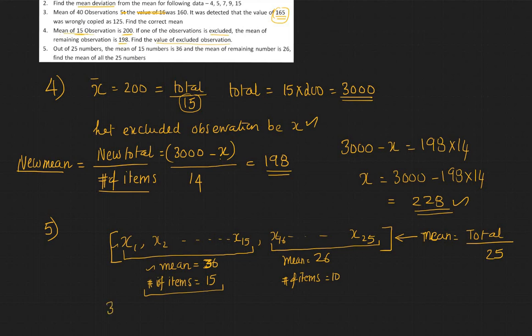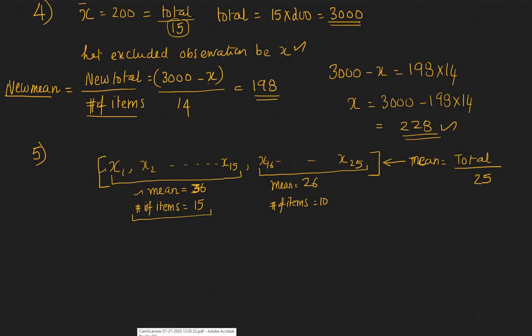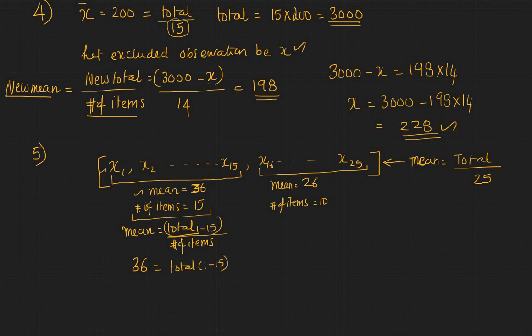Because you know that mean is equal to total divided by number of items. So 36 equal to the total 1 to 15 items divided by the number of items, 15.